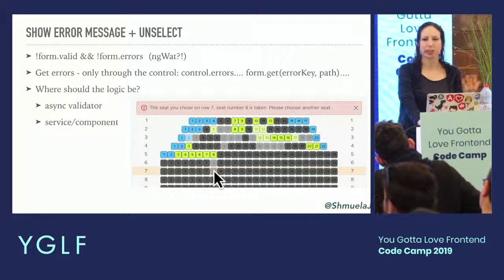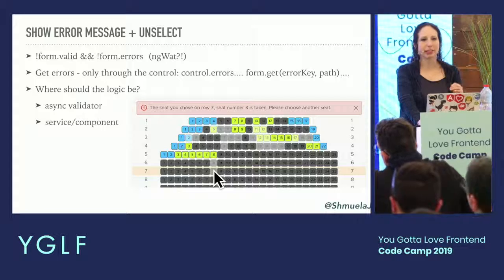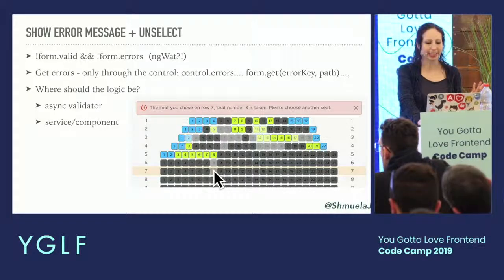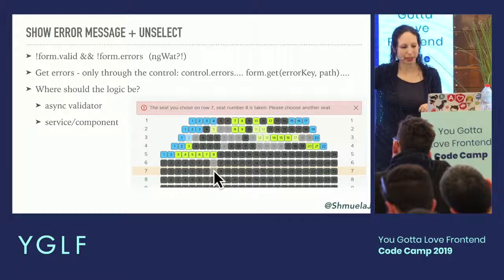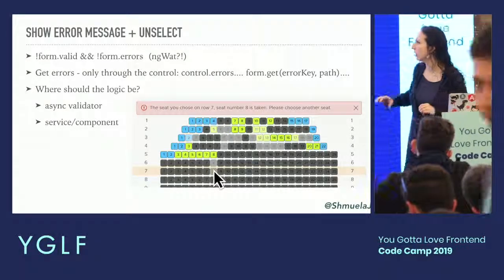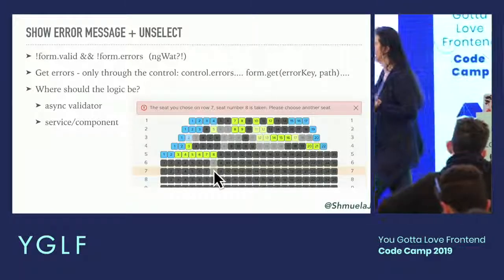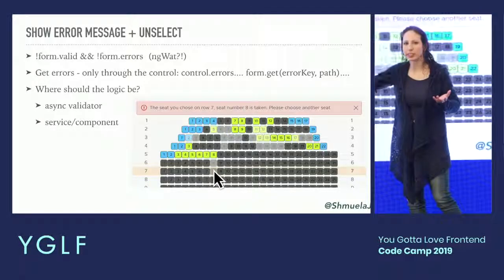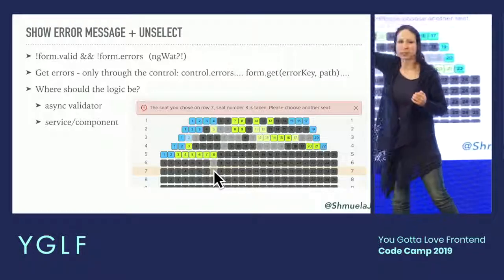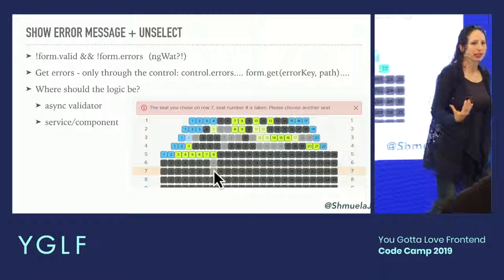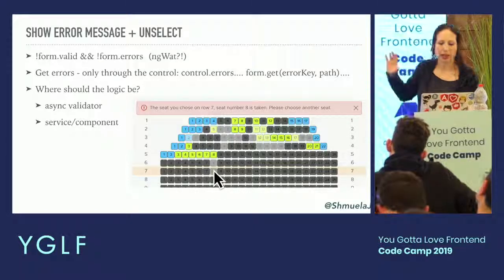So we can use the async validator to also control the error message. Okay. The reason that we need that, of course, is not only to unselect it and everything, but we also display what seat gave us this error. Okay.